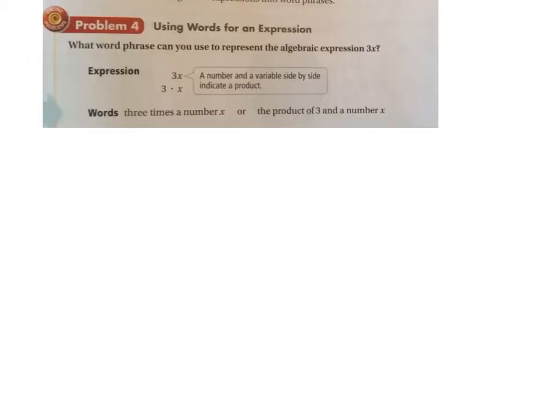So twice the sum, so the 2 is not multiplied by the x until the y is added. Then the 2 is multiplied by it. And finally C, the quotient of 5 and the sum, so 5 and the sum of 12 and a number x. So we're going to get the sum down, and then 5 is divided by that. Lots of problems in this section.